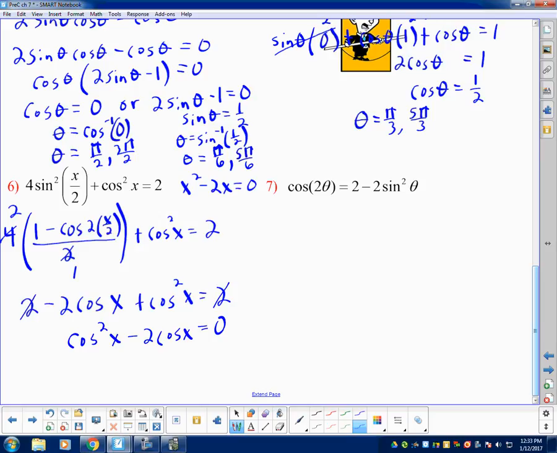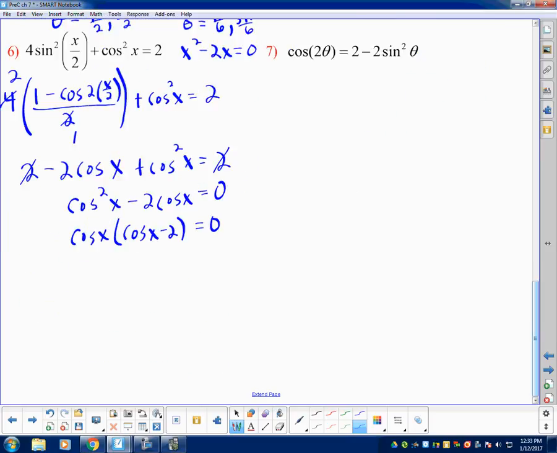There are 2 possible solutions, let's say. So we have greatest common factor is cosine of x. What's left over is cosine of x minus 2 equals 0. We set each factor equal to 0, so cosine of x equals 0, or cosine of x minus 2 equals 0.